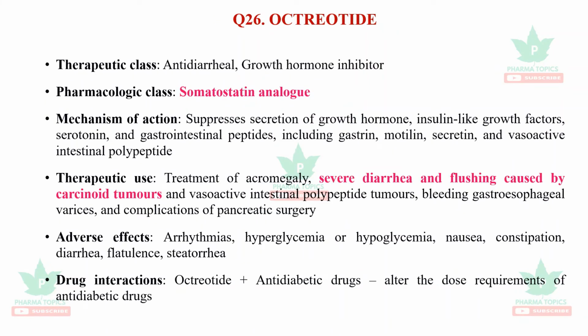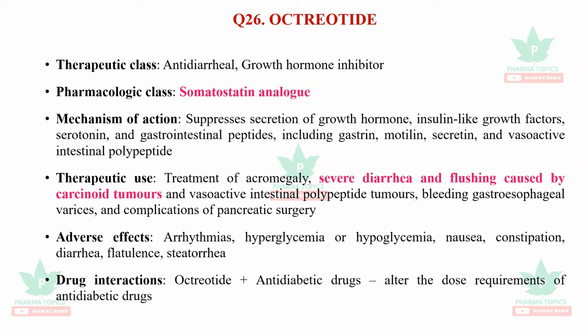Question number 26, a short note on octreotide. It's an antidiarrheal growth hormone inhibitor. It's a somatostatin analog. It suppresses secretion of growth hormone, insulin-like growth factors, serotonin, and gastrointestinal peptides, including gastrin, motilin, secretin, and vasoactive intestinal peptide, VIP.